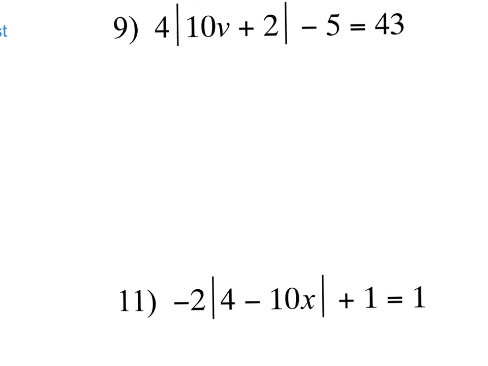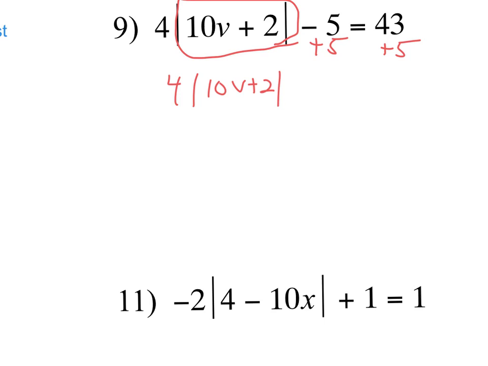In this problem, we have to get the bars by themselves, so I'm going to circle the absolute value bars. We have to first add 5 to both sides. And then we have to divide by 4 to get the bars by themselves. So 4 times the bars, 10v plus 2, is equal to 48.